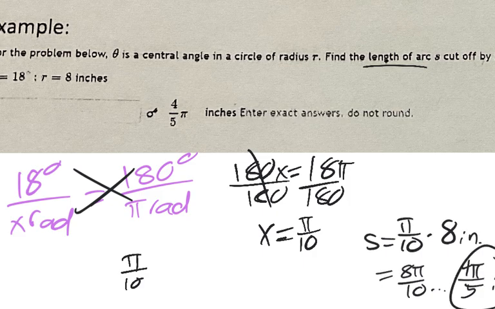Right? 8/10 is 4/5. 4/5 pi inches. Or 4 pi over 5. I don't really like that. Let's just put the answer right here, which is 4 pi over 5.